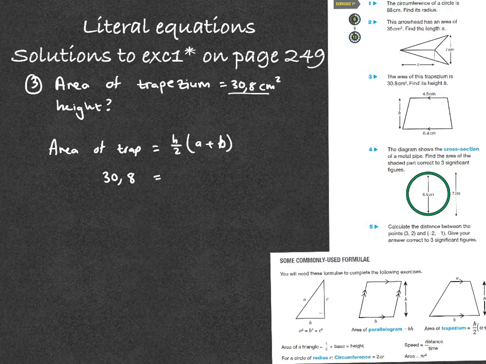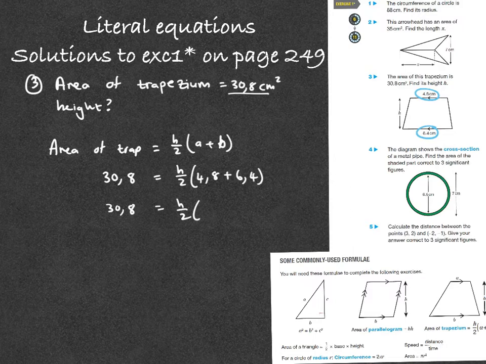So 3.8 is equal to the height h divided by 2, times the length of the two sides. It's that 4.8 and 6.4, right? So what is 4.8 plus 6.4? So 3.8 is equal to h over 2 times 11.2.